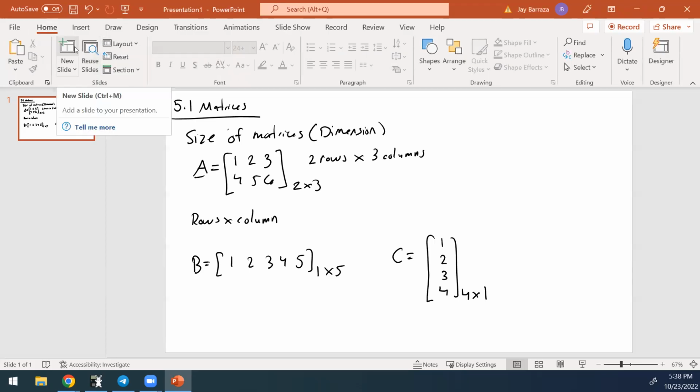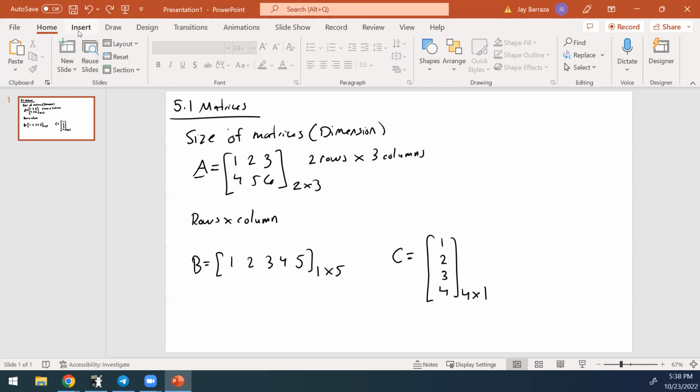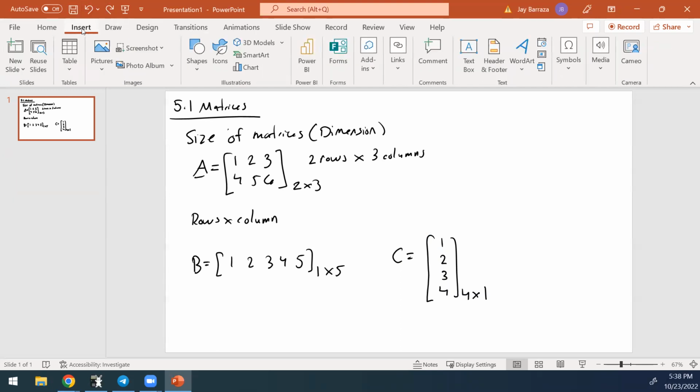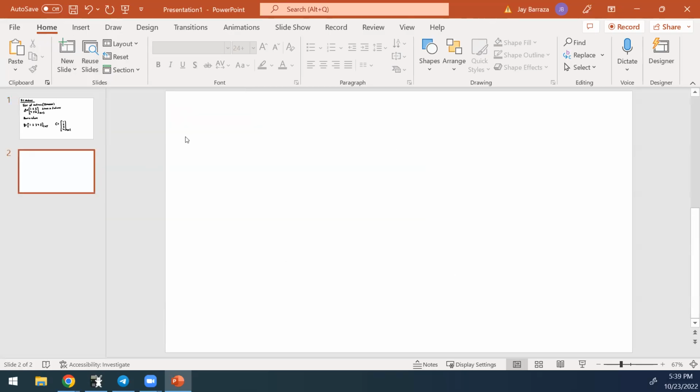And so the next thing we'd want to talk about, let me actually insert a blank slide. I'm just going to jump straight into the transpose before I do addition and subtraction and multiplication and all that.